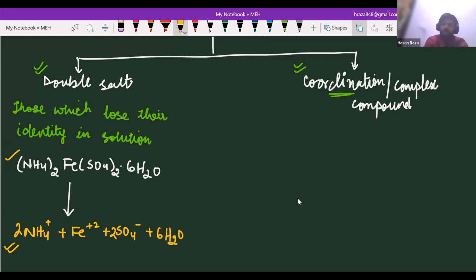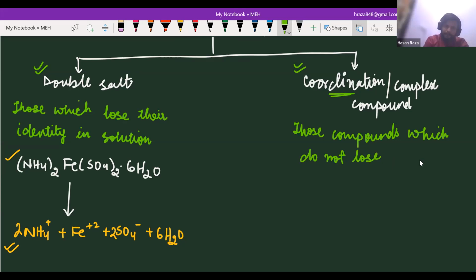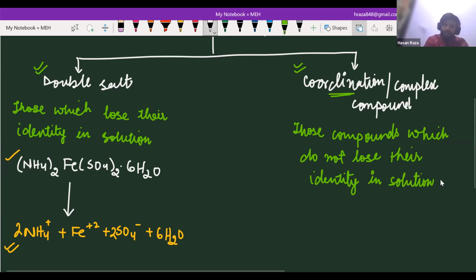That's why it loses its identity. But when we talk about coordination compounds, basically those compounds which do not lose their identity in solution are called coordination compounds.